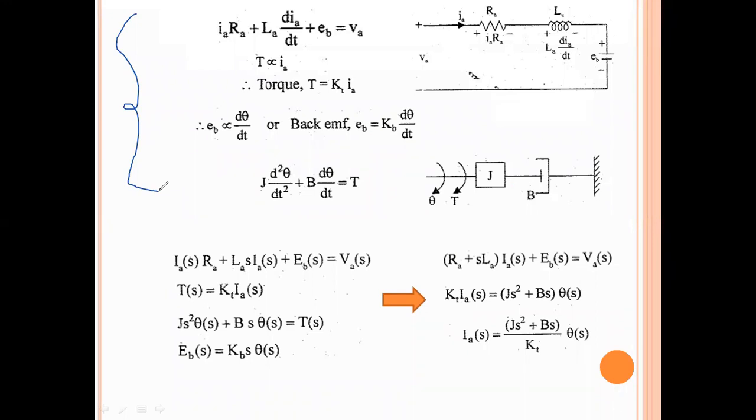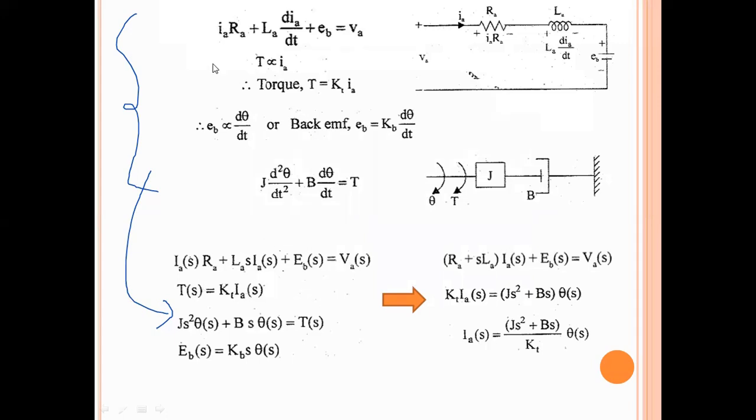However, in order to obtain the transfer function, we need to convert all these time domain equations. All these 4 equations are time domain equations. We have to convert them into the Laplace domain. So these 4 equations are collectively written here in the Laplace domain.